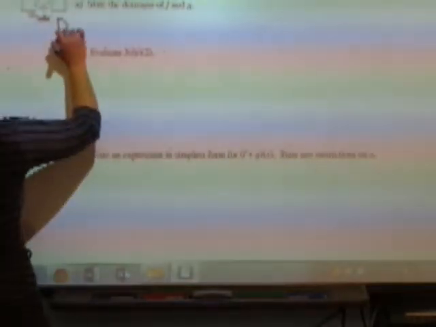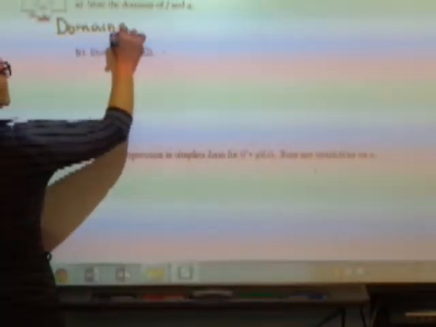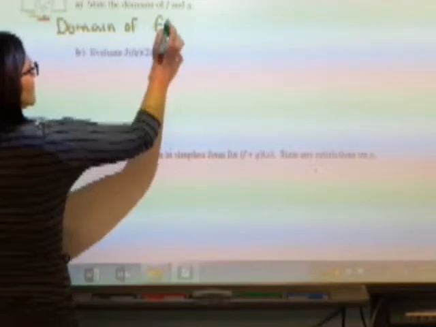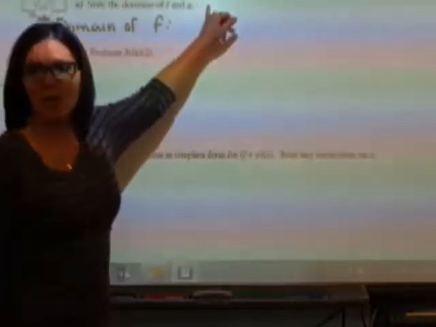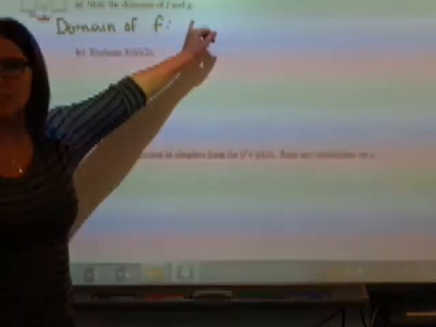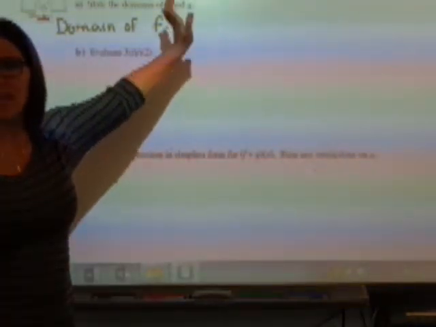So if we look at the domain of f. So if I look at my equation for f, what I need to determine is, are there particular values that x can't be? And if I have a rational equation, like a fraction, what do I know about the bottom part of my fraction? Can't equal 0.